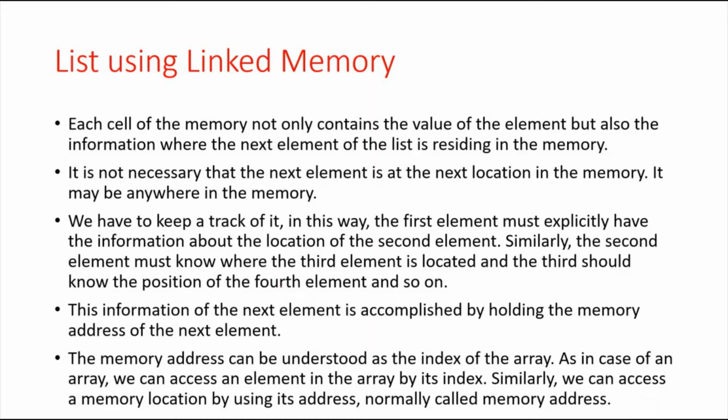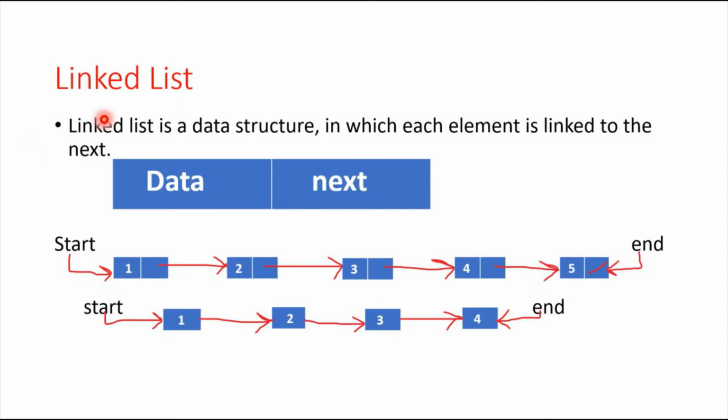Okay, here by using the concept of linked memory we have introduced a new structure, that is the linked list. Means a list with linked memory. What is a linked list? A linked list is nothing but a list with linked memory. Each element of the list is linked with a memory location. Okay, linked with each other.